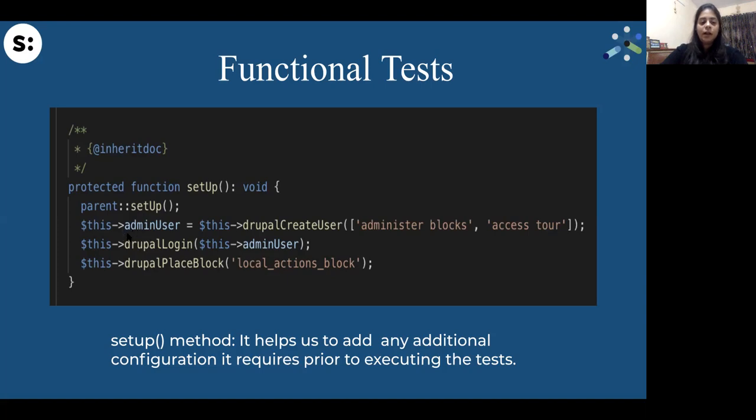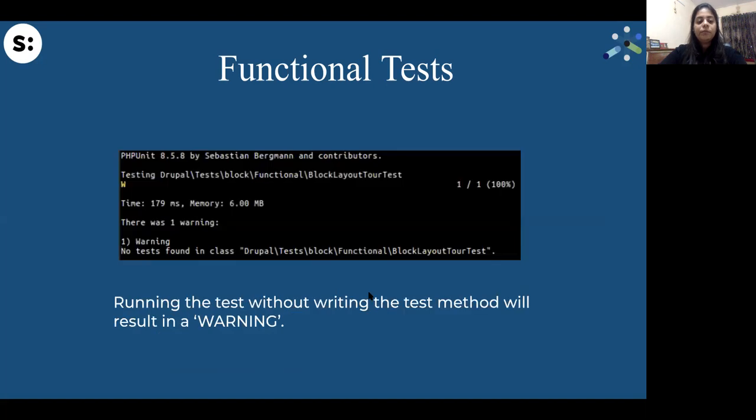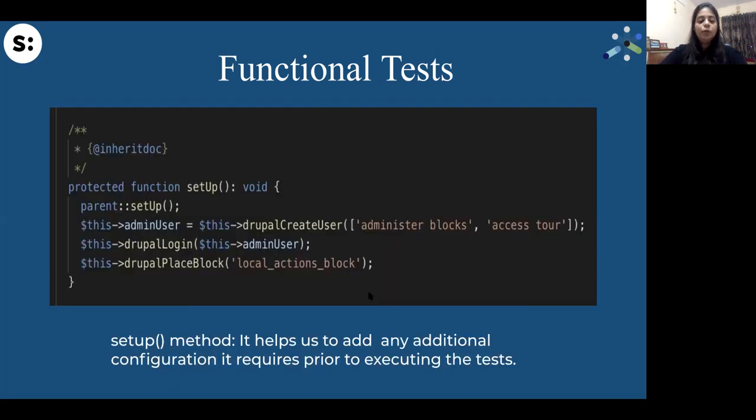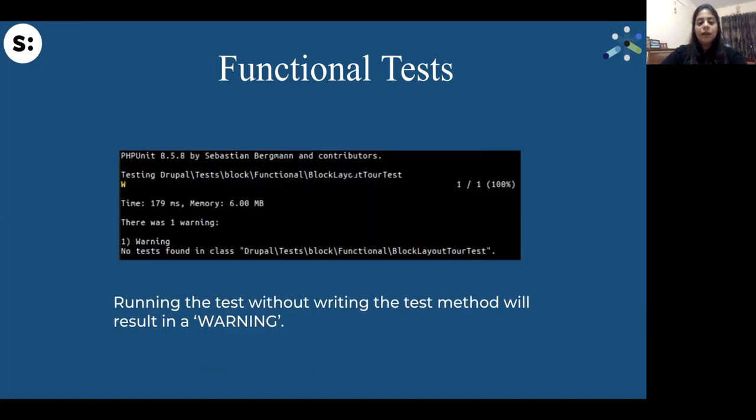For example, here I have defined one admin user. I've created one admin user with appropriate set of permissions. Then I've logged in as that admin user, and I have placed this block on the page. Now, just by doing this much, by defining the setup method, if I run my test, it will give me a warning which will say that no tests found in class, because we did not write any test method as of now.